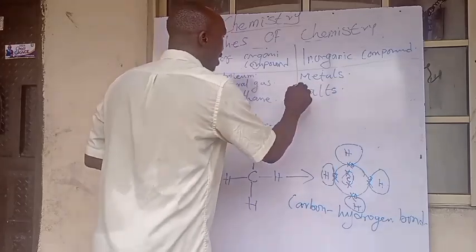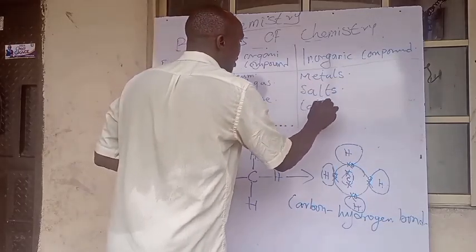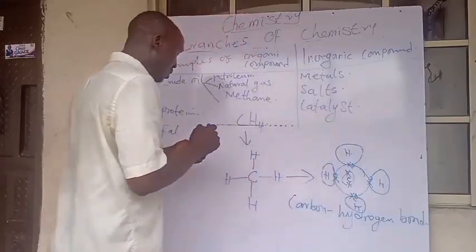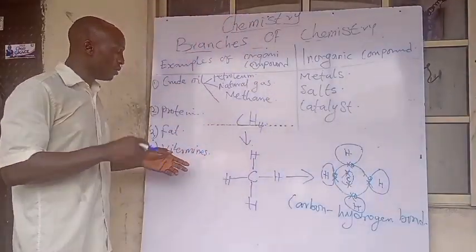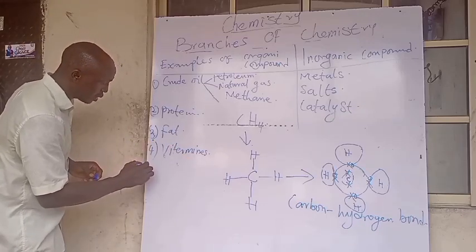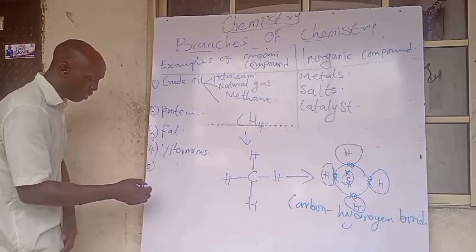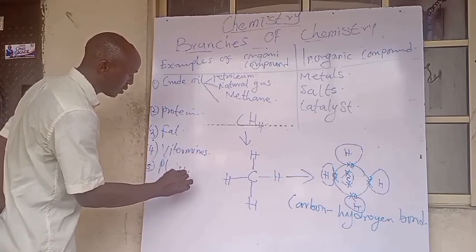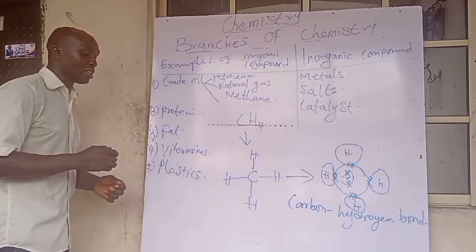We have things like catalysts. Don't forget, another example we can have here is polymers, talking about number 5. Talk about plastics. Plastic is also an example of an organic substance.